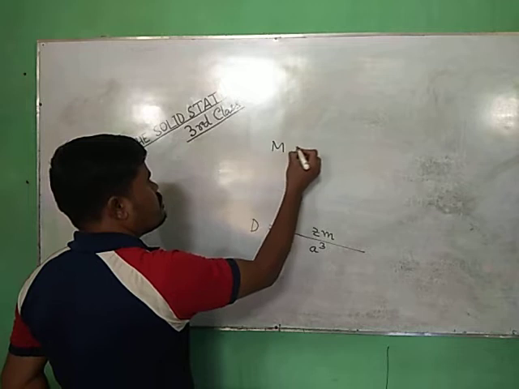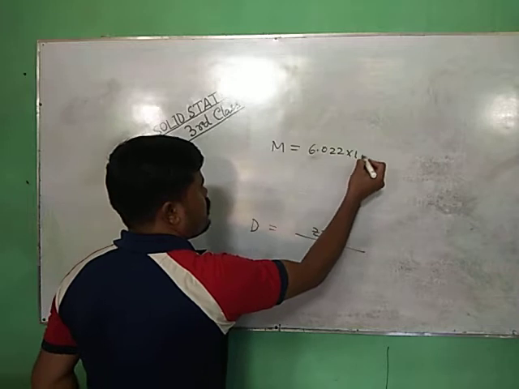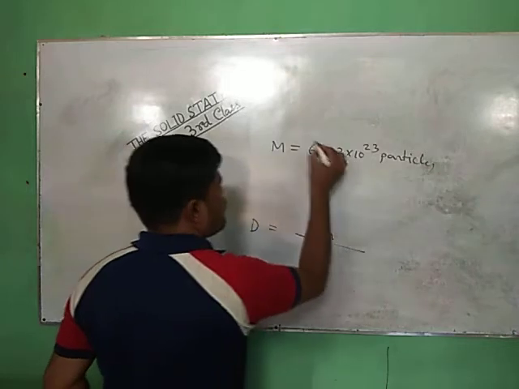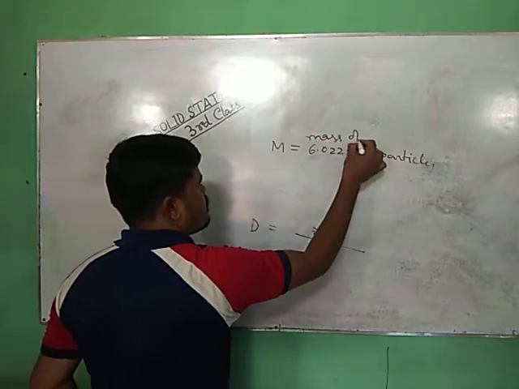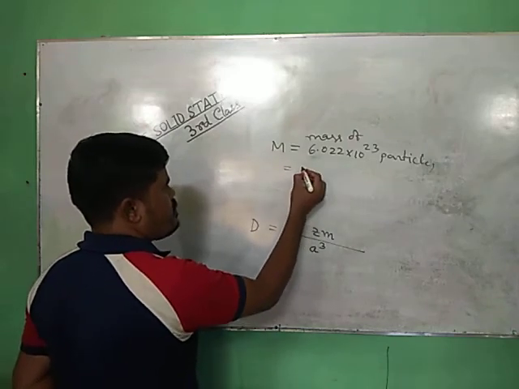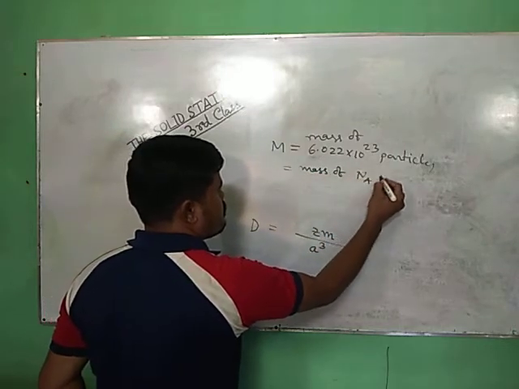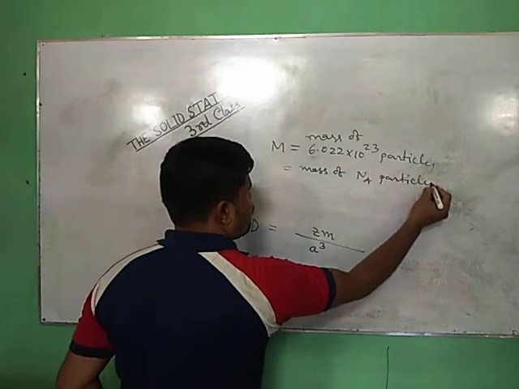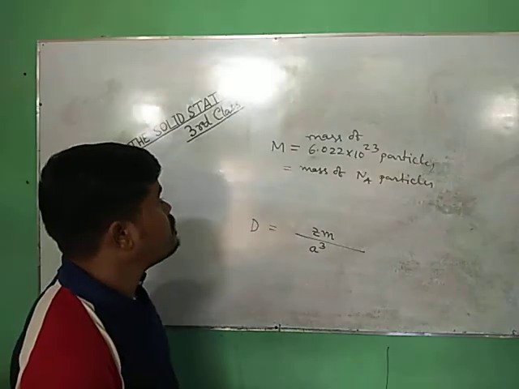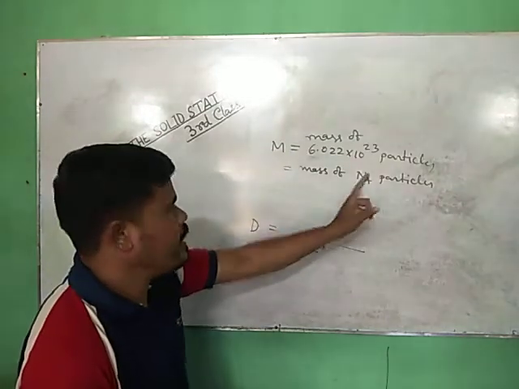Molar mass is the mass of 6.022 × 10^23 particles, also termed Avogadro's number, represented by Na.